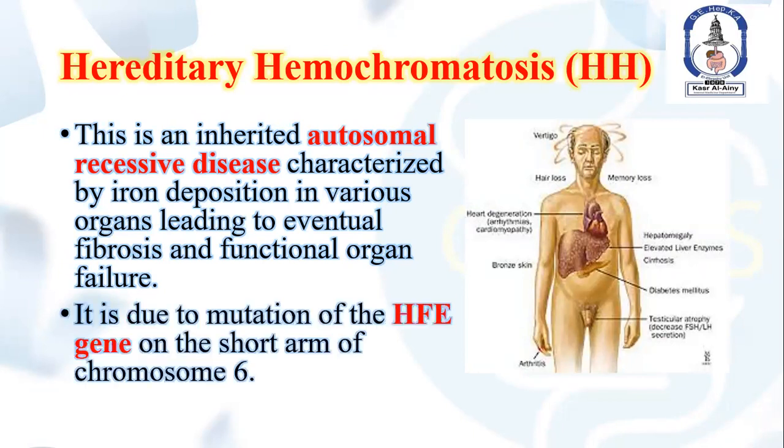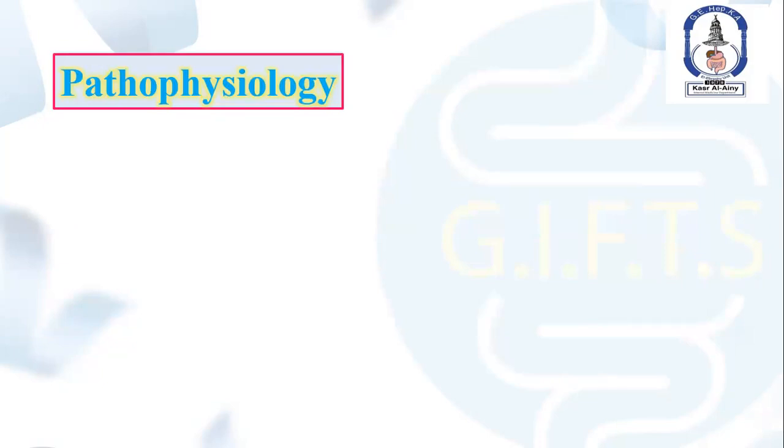Also, okay. So this autosomal recessive disease is due to a mutation of something called the HFE gene, which is in the short arm of chromosome number 6. So this mutation in the HFE gene, which is autosomal recessive in inheritance, will cause our problem. What is our problem?